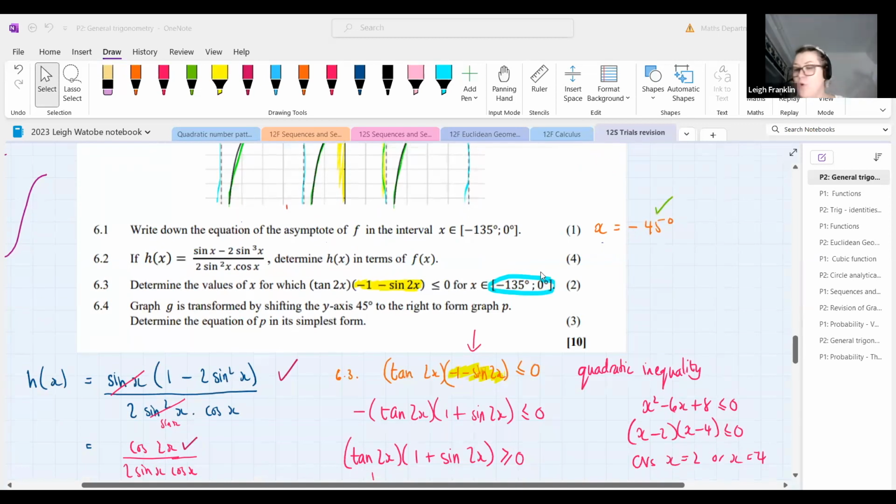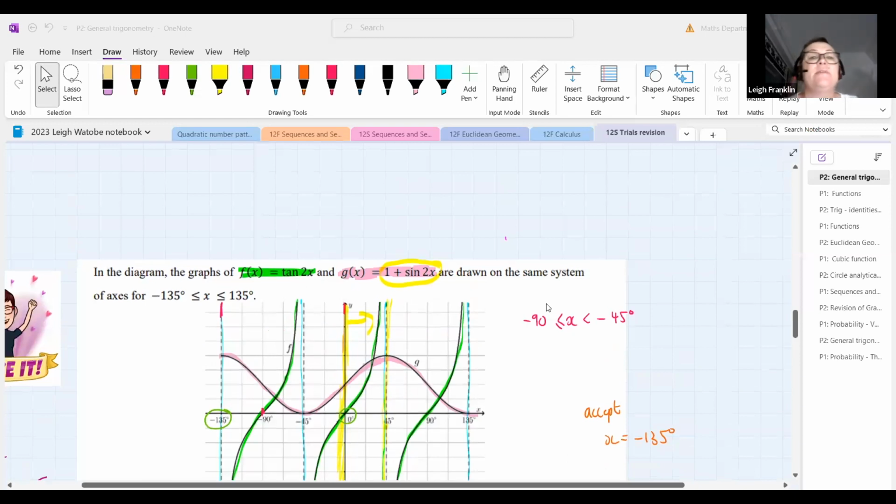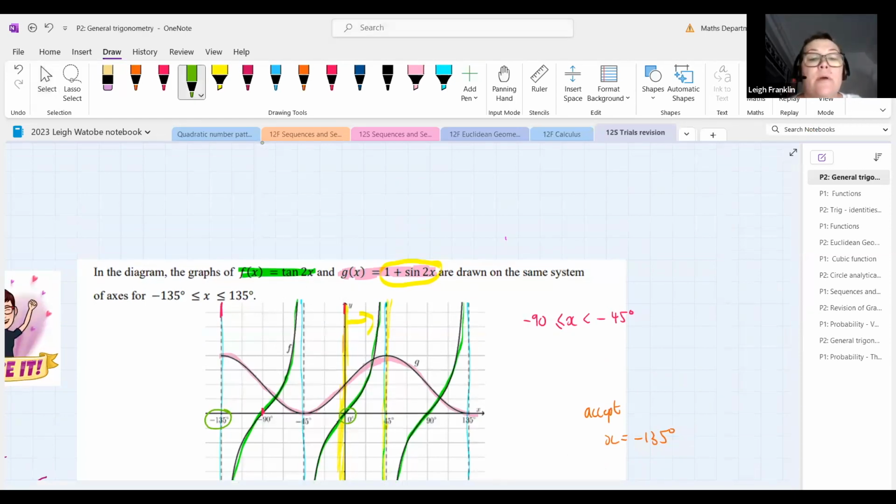So in other words, P of x is going to be 1 plus sine of (2x plus 45), because it appears as though the graph has been shifted 45 degrees to the left, if we move the y-axis 45 degrees to the right-hand side.